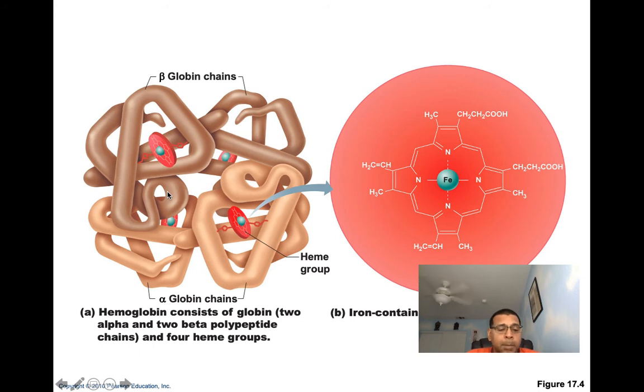Each polypeptide chain is responsible for binding to a ring-like heme group. In adult hemoglobin, we have 2 alpha globin chains and 2 beta globin chains.